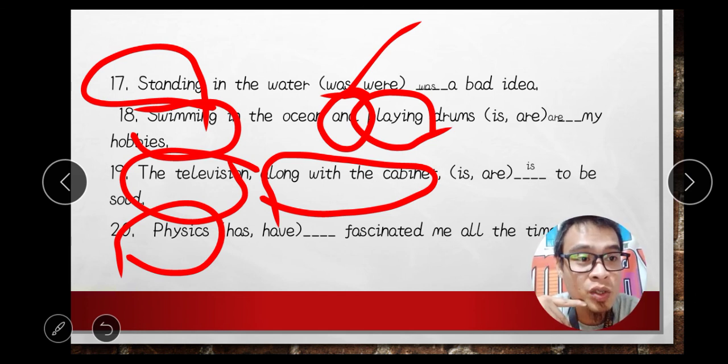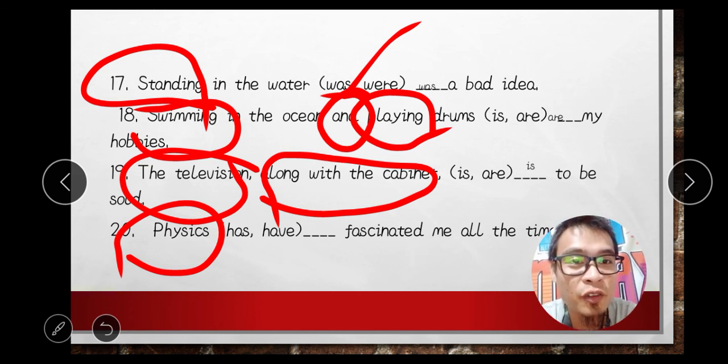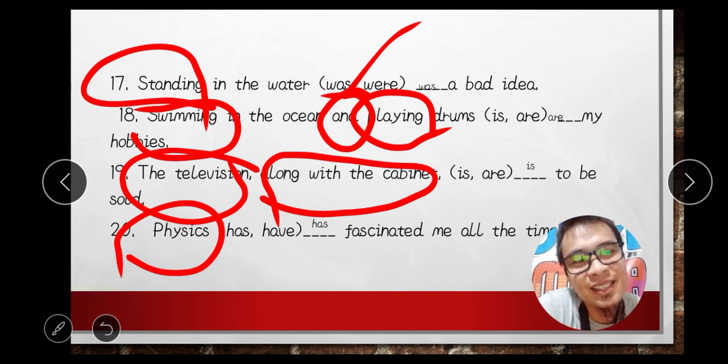Any nouns that look plural in their form, but what? This is singular in function. Functions as singular. Physics, so therefore, has. News is. Missiles.